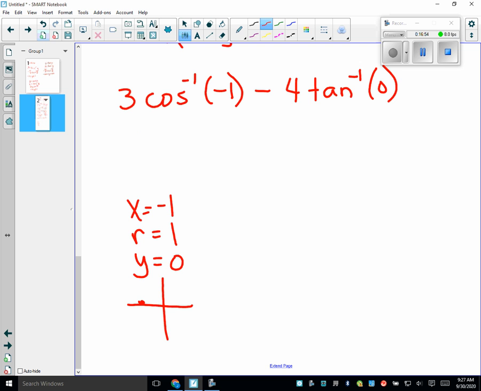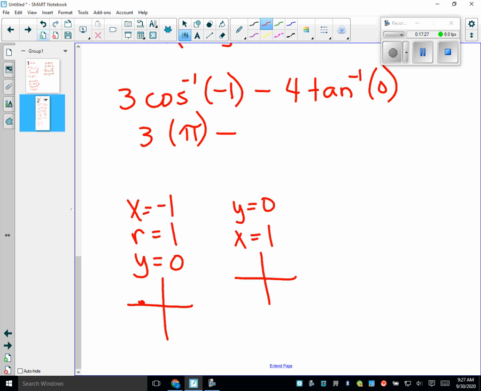So, here we have 3 times pi. You all agree with that much of it? Yes. Minus, when is tangent 0? Tell me what tangent is. Tangent is y over x. Correct? So is y equal to 0 and x equal to what?